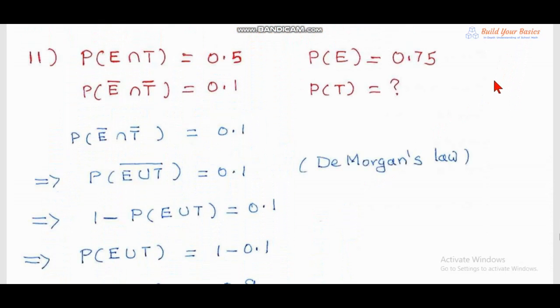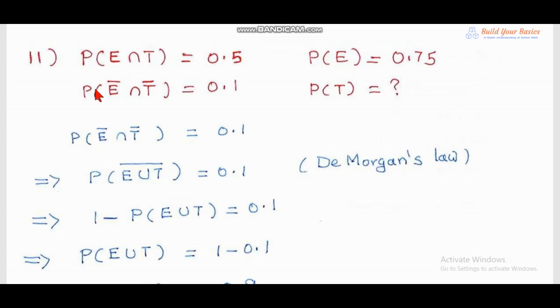Unit exercise 8. Question number 11. The probability that a student will pass the final examination in both English and Tamil is 0.5, and the probability of passing neither is 0.1.